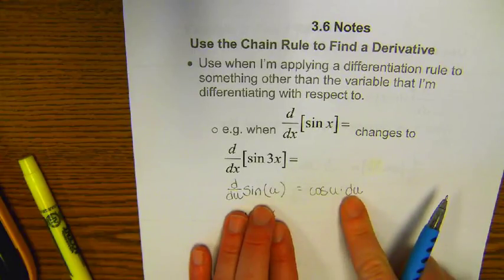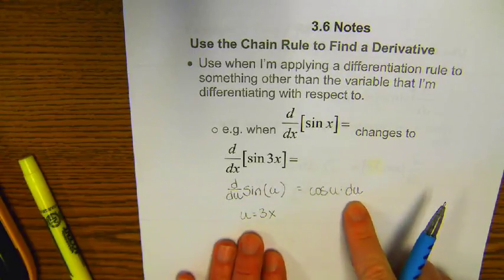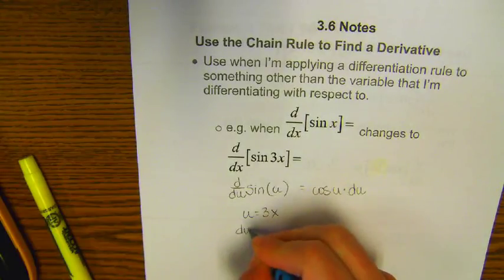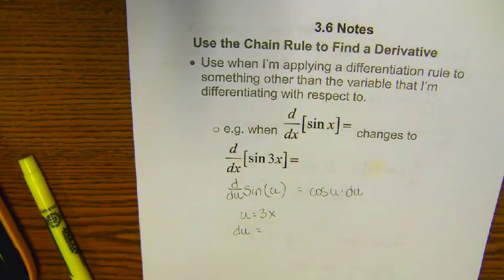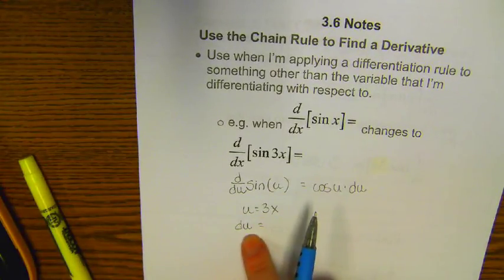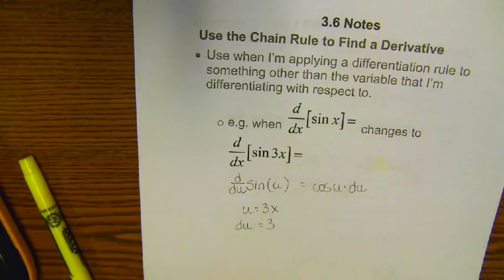But now let's go down here. If this is u, what is the derivative of u? If this is the function u, what's the derivative of u? 3. Okay, so subbing it back in, it's kind of like a substitution thing.